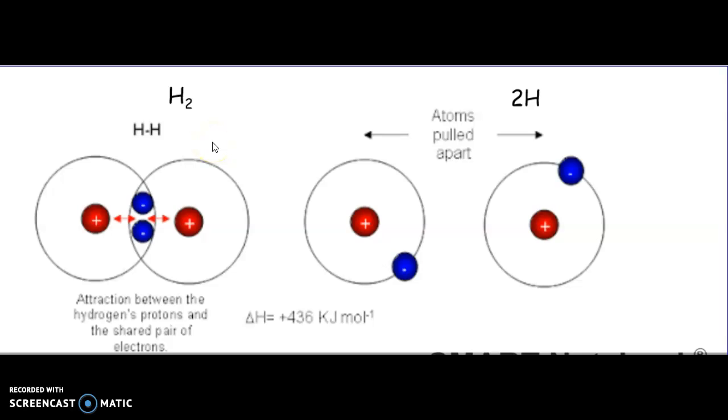And they put them in a table. And all we need to do in this particular case is figure out what the bond energy is in H2, how much energy essentially needs to be overcome here.